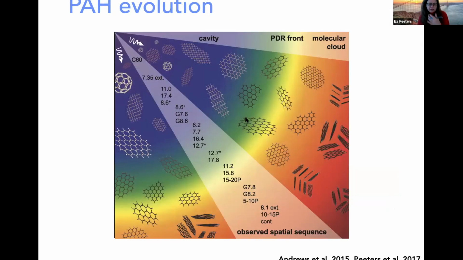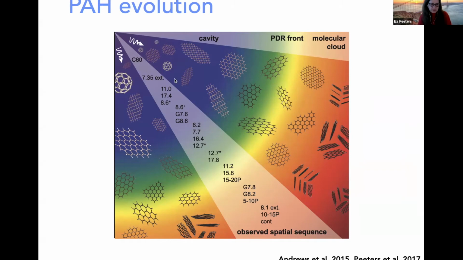These are just a few examples, and it tells us basically that the population that we are considering is changing under the influence of the radiation field and the local physical conditions. And it's not just the population itself of these large molecules.